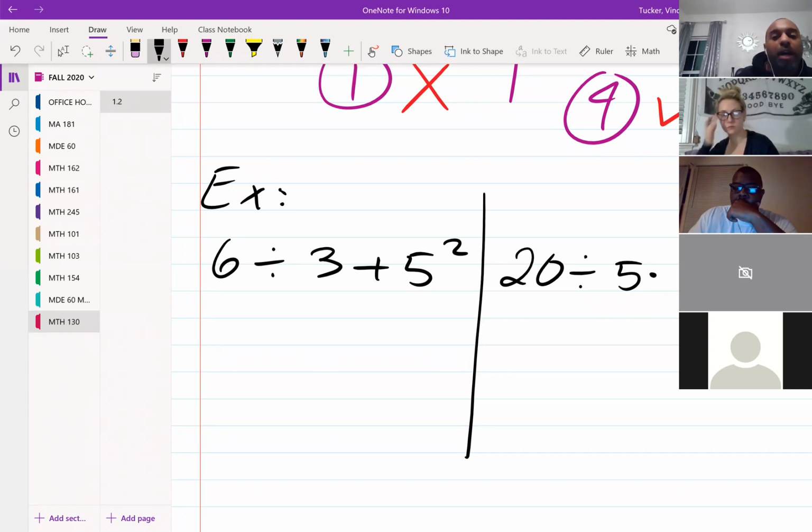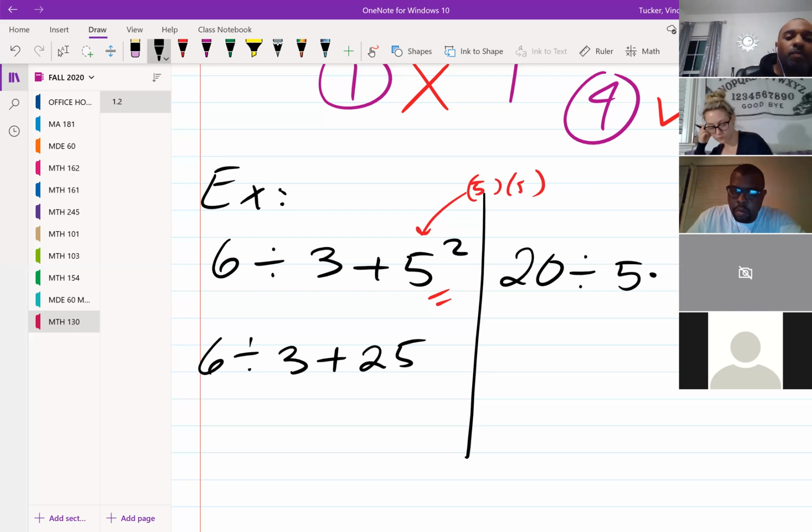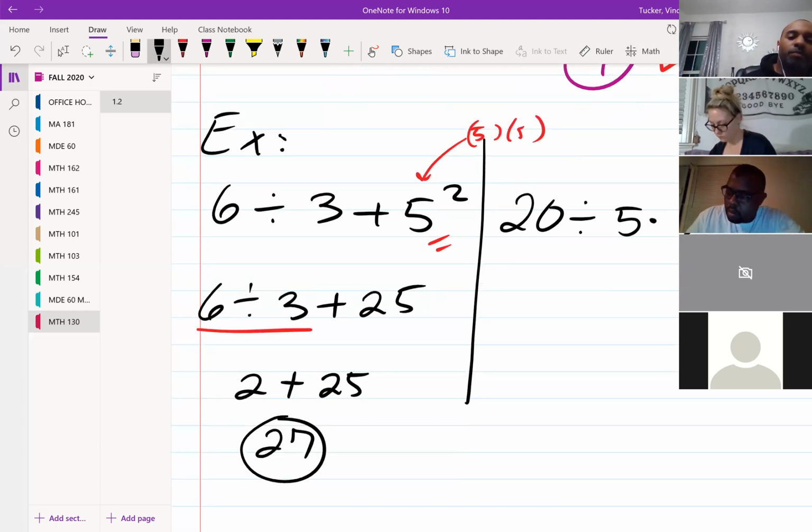That's 5 to the second power. If we go strictly by PEMDAS, the first thing we should do is our exponents. So 6 divided by 3 plus, and 5 squared is 5 times 5, which is 25. Then 6 divided by 3 is 2, and 2 plus 25 is 27.